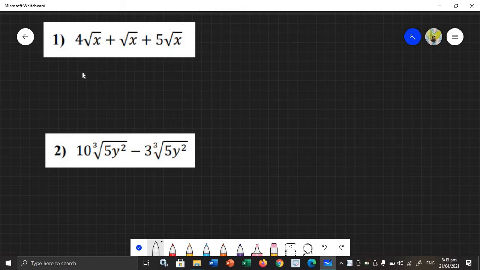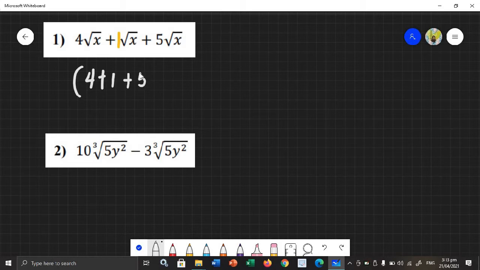So, yung first is, meron siyang 4. Yung second one, kapag walang numerical coefficient, that is considered as 1. Okay, so 4 plus 1 plus 5. And then just copy the radical, which is square root of x.